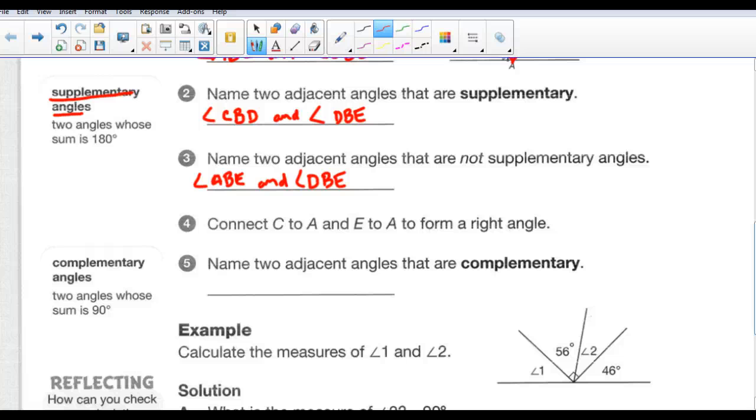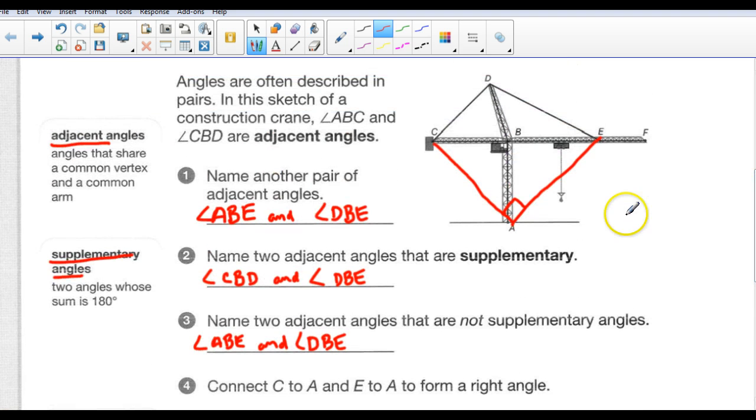Okay, the word complementary. There's another vocabulary term we have to know. It's two angles whose sum is 90 degrees. So they both add up to 90 degrees. Okay, name two adjacent angles that are complementary. They add up to 90 degrees. Okay, so we know that's going to be this angle right here, and this angle right here.